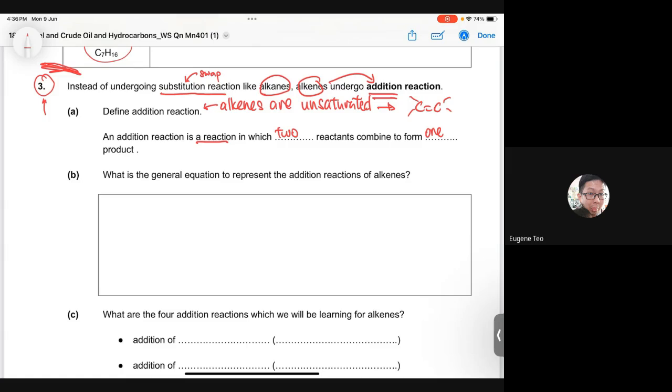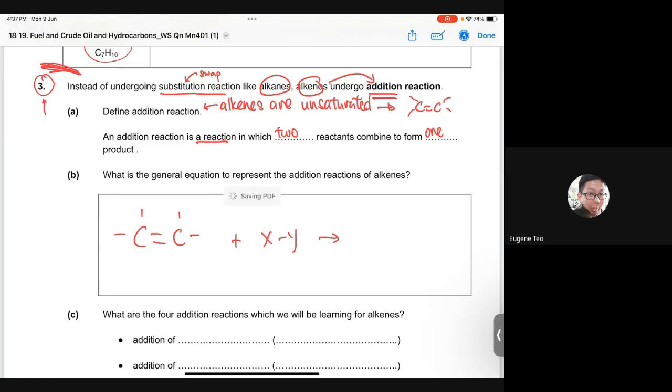In this case, for alkenes, I have a C double bond C. This tells you it's an alkene. I have an X and a Y that I'm going to add. I don't care what X and Y are, it could be chlorine, hydrogen, whatever, because this is just to show you exactly what addition reaction is.